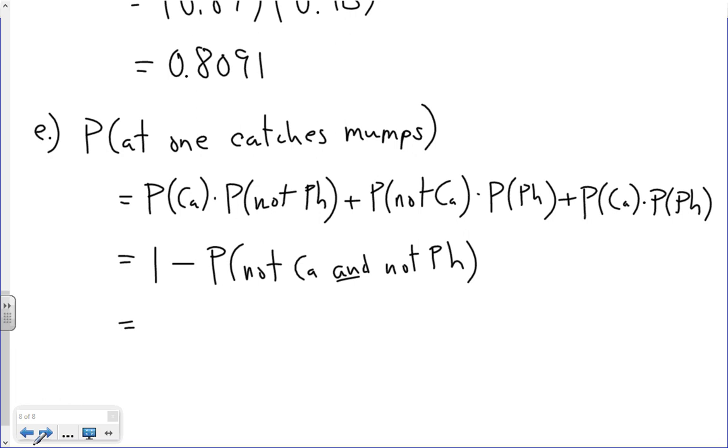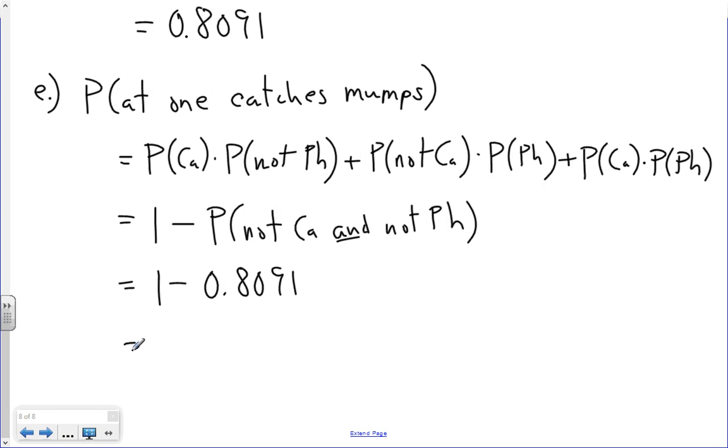So the probability that Kelvin doesn't catch the mumps and that Phoebe doesn't catch the mumps, well, we actually just did that, right? That was the 0.8091. So if I take 1 minus the 0.8091, what do we end up with? Grab your calculator and punch that in.